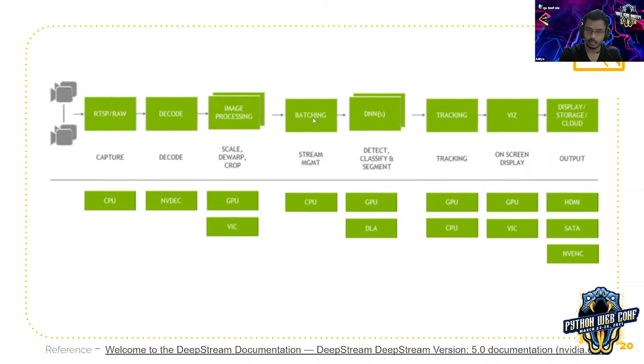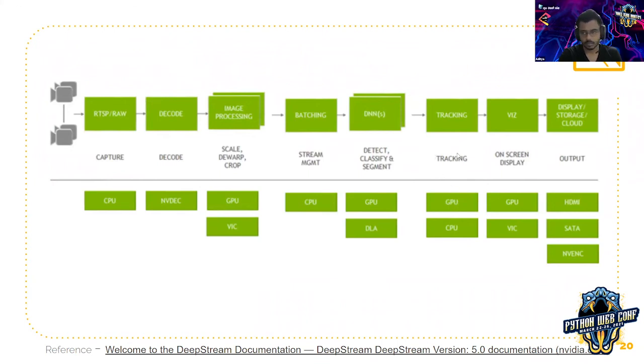And after that, DeepStream automatically generates batches out of the given streams, so you do not have to enable that in your code. And this stream management is done on CPU and not on GPU. And then here, DNNs are actually your algorithms that you are deploying on DeepStream, and this will be in TensorRT. DeepStream also gives you an inbuilt plugin for tracking, and that is deployed on GPU.